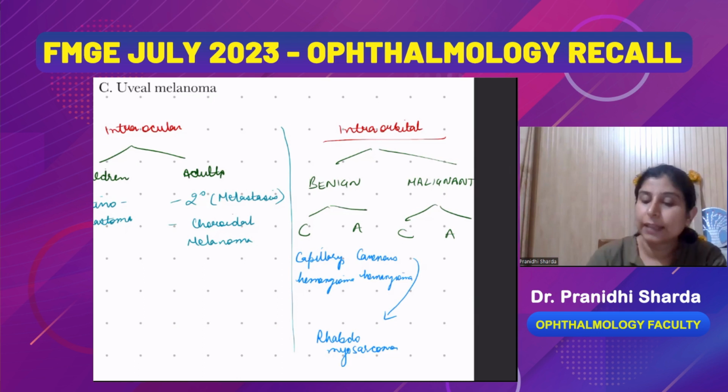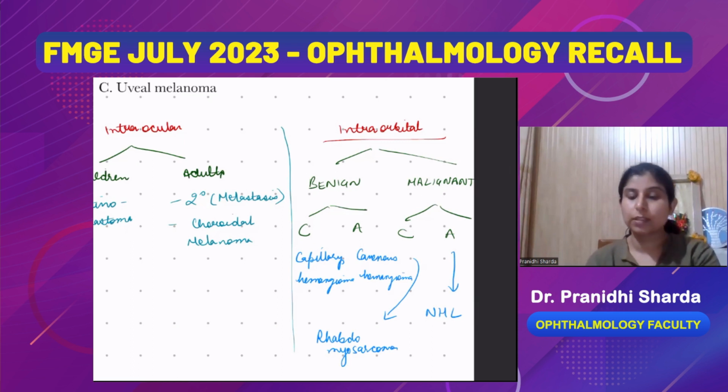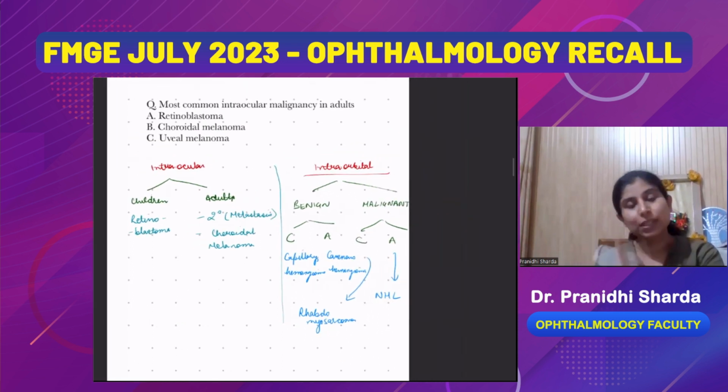And in adults, the intraorbital most commonly becomes the non-Hodgkin lymphoma. So this is the table you must know, because these questions have been asked in NEET-PG also. So the retinoblastoma and secondaries, intraocular, intraorbital, benign and malignant, again divided into the age groups: hemangiomas, rhabdomyosarcomas and non-Hodgkin lymphoma.